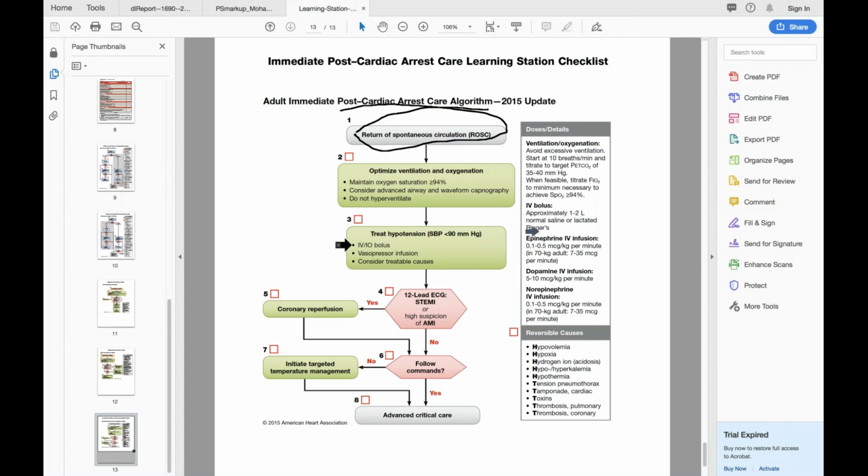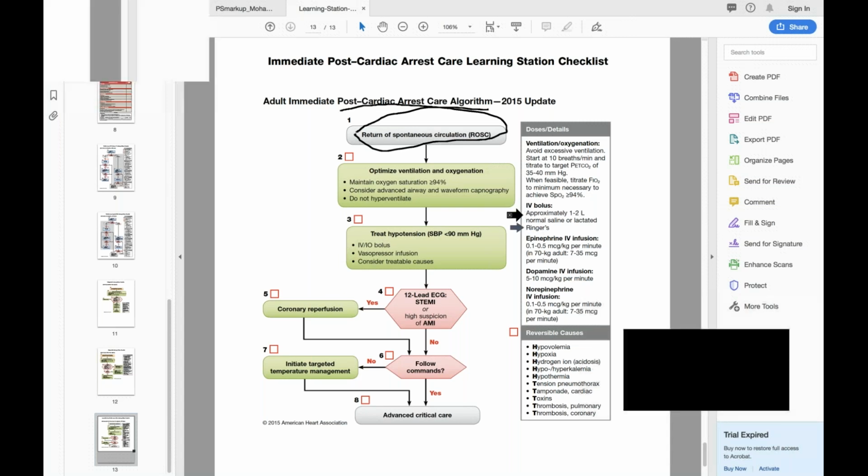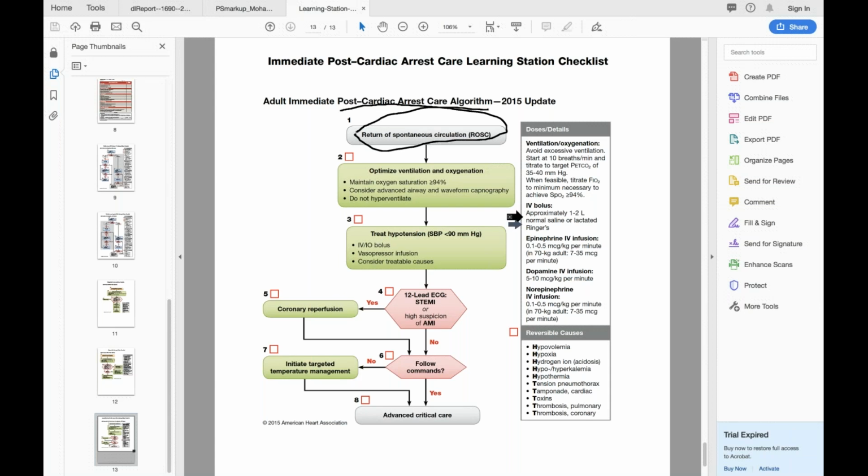You will find the amount of the IV bolus over here and what to use. Now, if it did not work to increase the blood pressure, you can use vasopressor infusion. Here they are. And all the time, consider the reversible causes. So this is the C part.